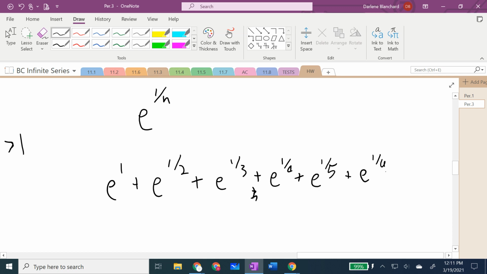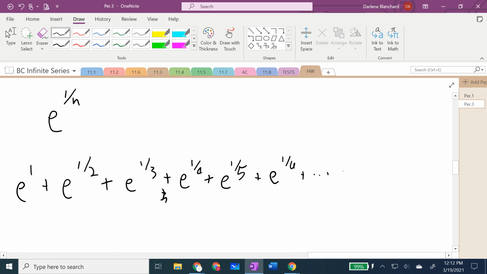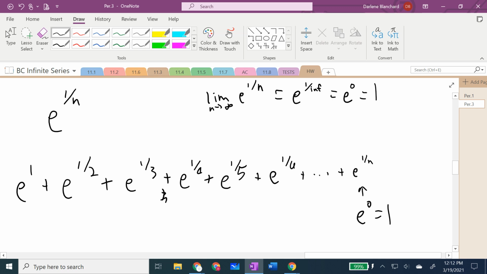These fractions are heading to 0. This is heading to e to the 0 power, which is 1. And the 1 over infinity is the fact that we're dealing with the limit as n approaches infinity, looking at just this piece of the whole thing. It's not the whole thing, but it's just one piece. This is e to the 1 over infinity. 1 over infinity is 0. And hopefully that should get you there.